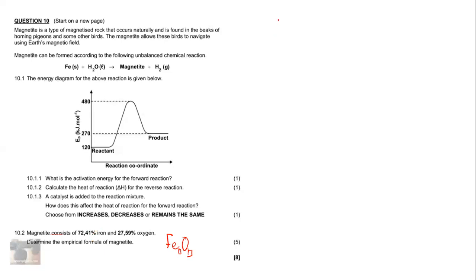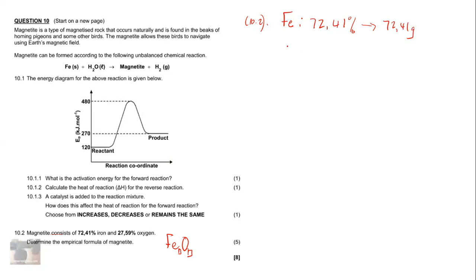Remember, we are answering 10.2. Fe, which is our element, they said we have 72.41%. So this will correspond to mass, which means it will be 72.41 grams.